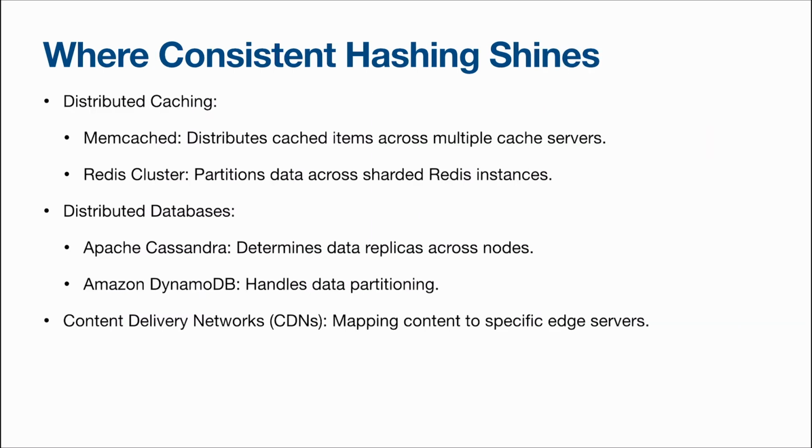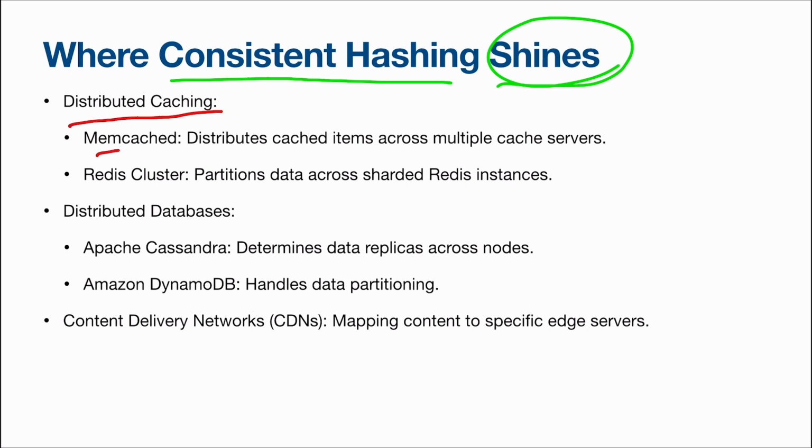So let's briefly talk about where consistent hashing shines. It definitely shines where there is a lot of data and the data needs to be distributed across different partitions, especially in sharding-like scenarios. For example, in distributed caching, Memcached uses multiple cache servers which use consistent hashing, and Memcached is used by Meta.